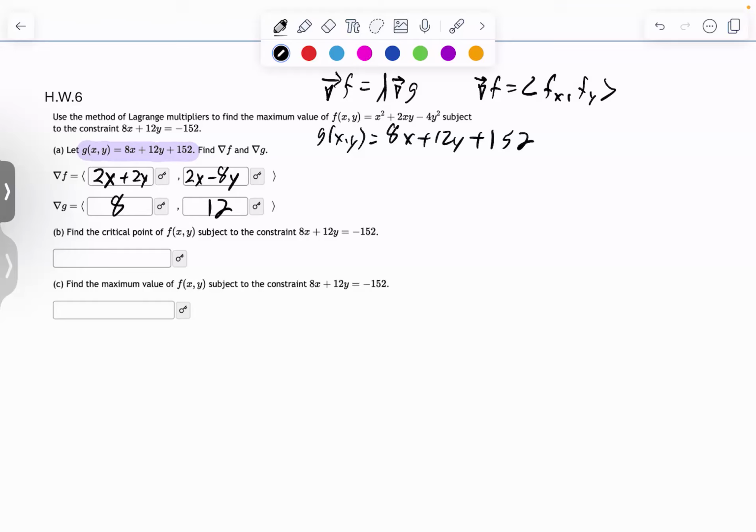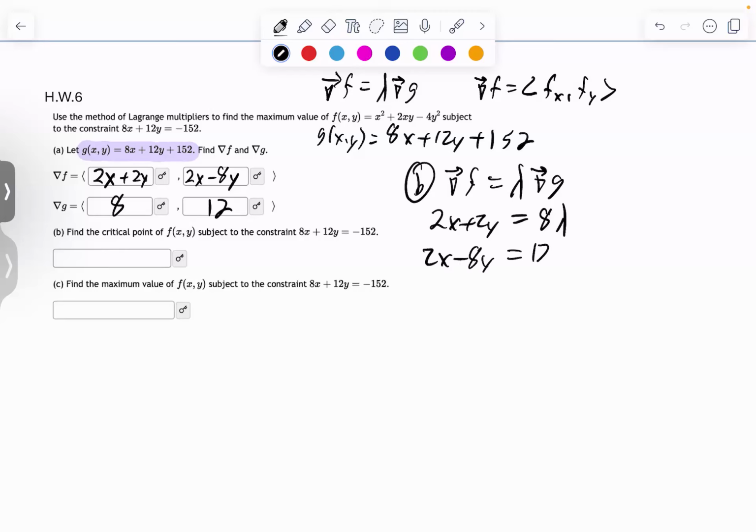However, part B is going to be a little bit more complicated. This is our del f is equal to some constant lambda times del g, which means that 2x plus 2y is going to equal 8 times lambda, and 2x minus 8y is going to equal 12 times lambda.